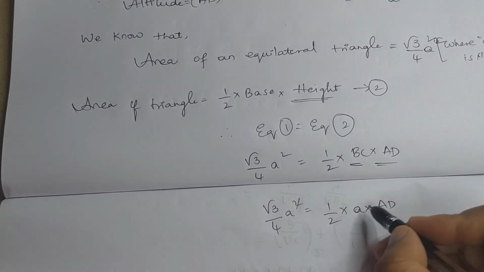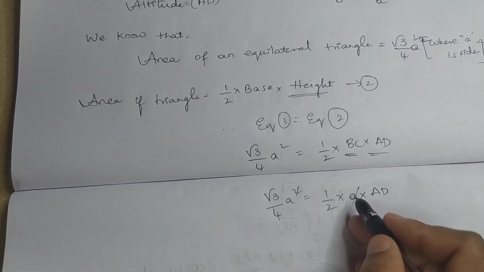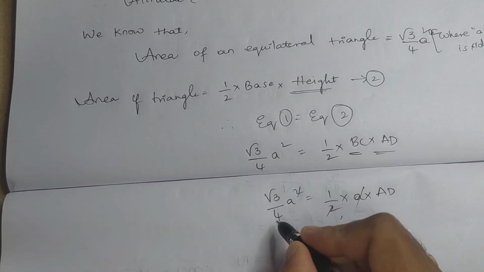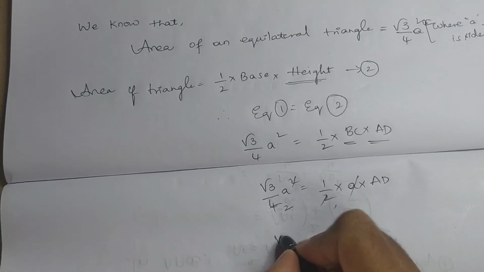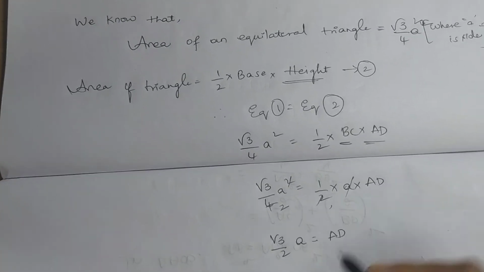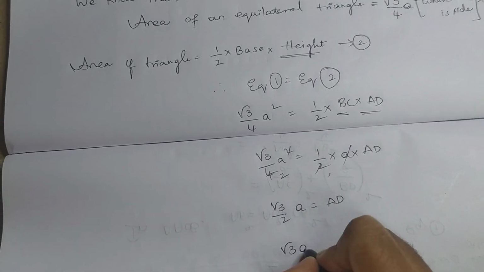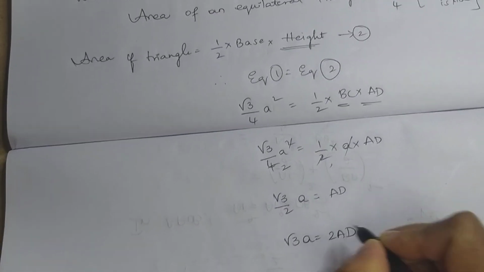So here a will be cancelled off, since it is a square and a. 2 1s are 2, 2 2s are 4. So root 3 by 2 a equals AD. I'm just sending this to the right hand side. So root 3a equals 2AD.